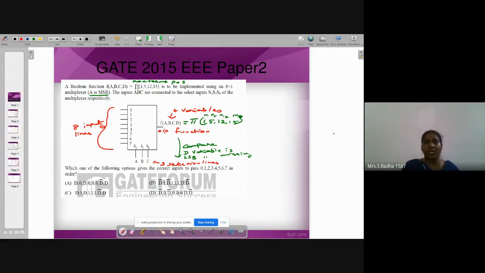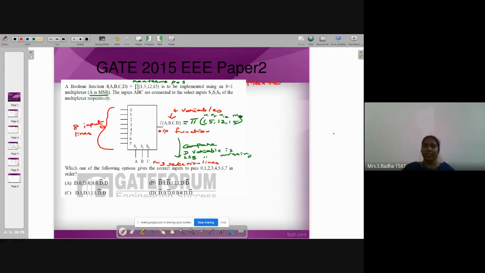Now I am dealing with max term. I started with max term in the beginning, but to have a clear picture, you can correlate with the theory you are studying. It is easy to understand if you take min term, that's the reason I have done everything with min term. Now I am going with max term calculation.